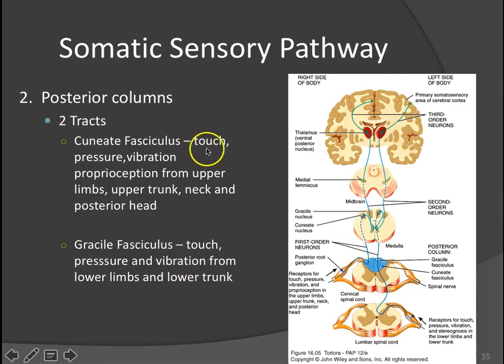So these are going to give you information about touch, pressure, vibration, proprioception, and the cuneate is going to tell you from the upper limbs, upper trunk, neck, and the back of your head. The gracile fasciculus is going to tell you information about touch, pressure, vibration from the lower limbs and the lower trunk. So gracile is essentially the same, they're telling you the same information, lower part of the body, upper part of the body.